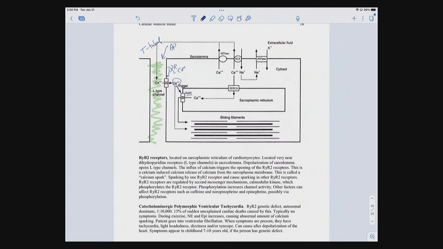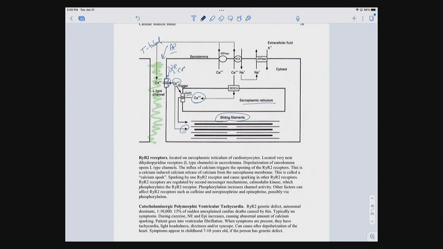So this calcium here is actually acting as a trigger for that RYR2, and then it will open, and the vast majority of the calcium that is going to interact with the filaments down here is actually going to come from the sarcoplasmic reticulum. Some could still come from the outside, okay, so it does get into the act as well, but most of it comes from the sarcoplasmic reticulum. So chain of events, you have your action potential going down T-tubule, opening up the dihydropyridine receptor, lets a little calcium in. Calcium then is going to trigger the RYR2.